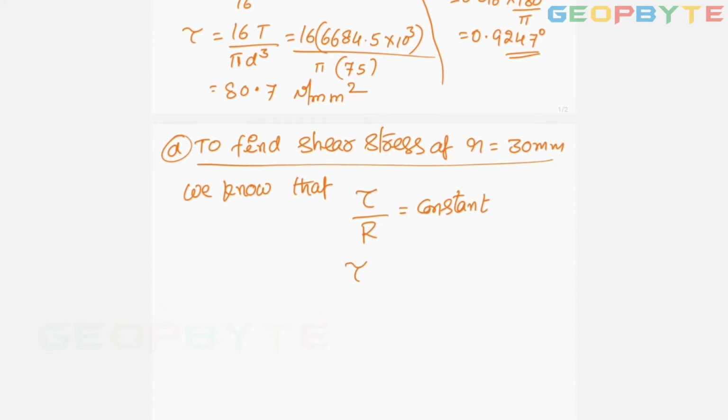So shear stress by outer radius equals small shear stress by small r. Shear stress you got is 80.7 divided by capital R, which is 75 by 2, equals tau divided by radius r equal to 30.